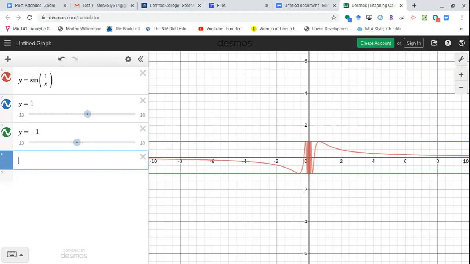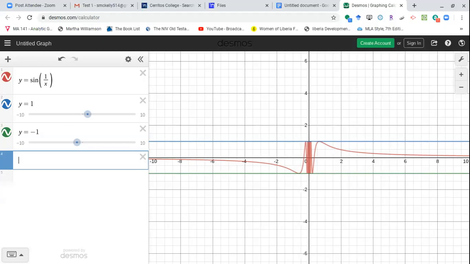Now here it's going to be restricted. x can't be 0 because it'll be undefined. There's that little red asymptote. I don't know if you can see it, but it's asymptotic at that point. But the sine itself has to be between -1 and 1, right?